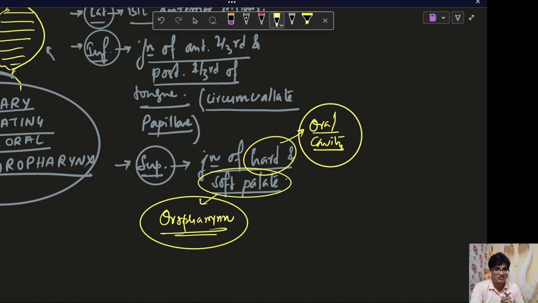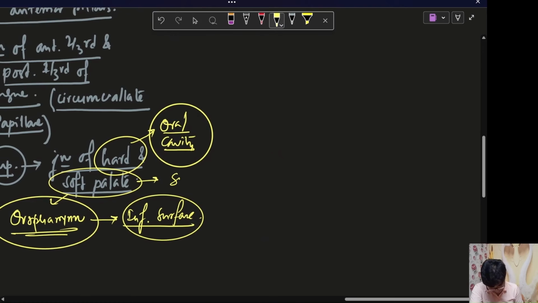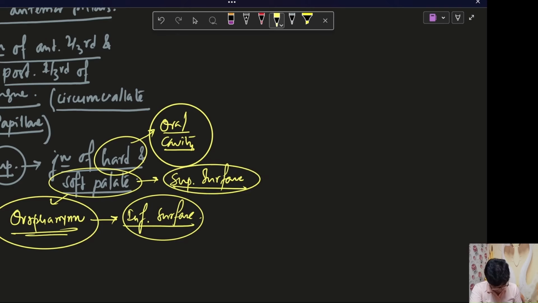Again, there is a catch in both of these structures. This soft palate inferior surface is a part of oral cavity, whereas the superior surface of soft palate is a part of nasopharynx.